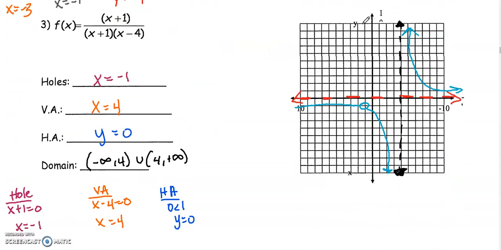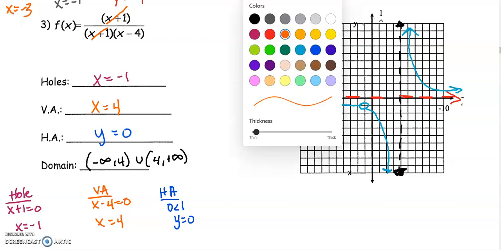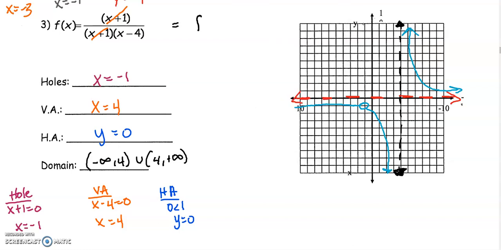So back down here to number 3, a hole is where the top and the bottom have common factors. So x plus 1, and then I solve. And here's my hole at -1. And then I now have f of x equaling 1 over x minus 4 is what I'm really looking at. So this degree is 0.